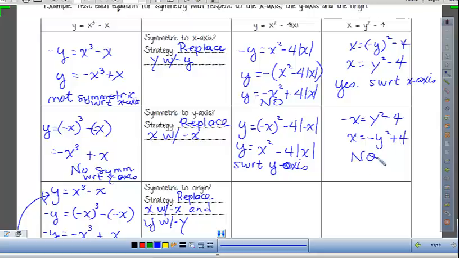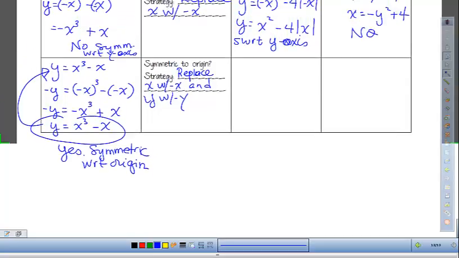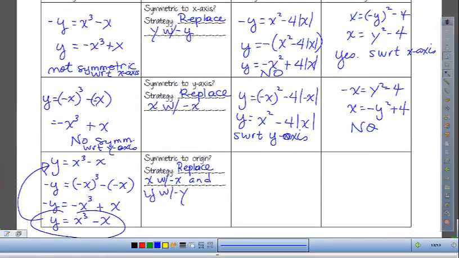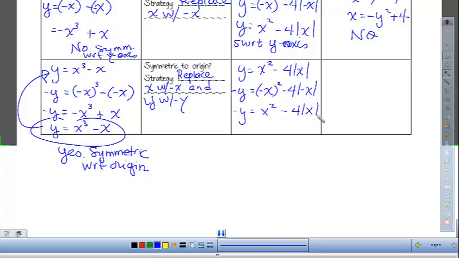Okay. This one with respect to the origin. So we had y equals x squared minus 4 absolute value of x. If I replace both, negative y equals negative x squared minus 4 times the absolute value of negative x, or negative y equals x squared minus 4 absolute value of x.